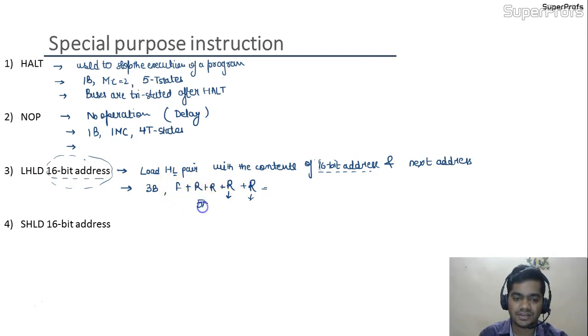So there are 5 machine cycles involved, so there would be 16 T states.